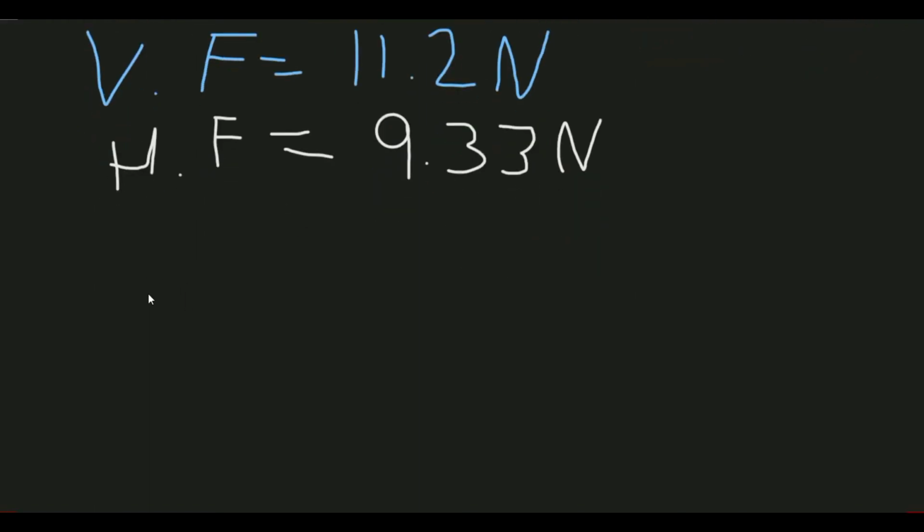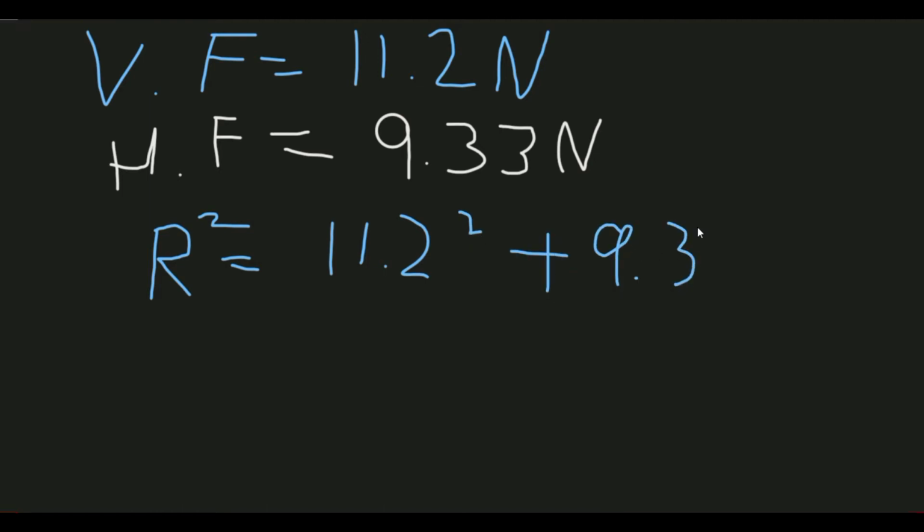We do Pythagoras, right? So we can say that the resultant force R, R square equals 11.2 square plus 9.33 square, and then we can solve it for R, and then it's just calculations.